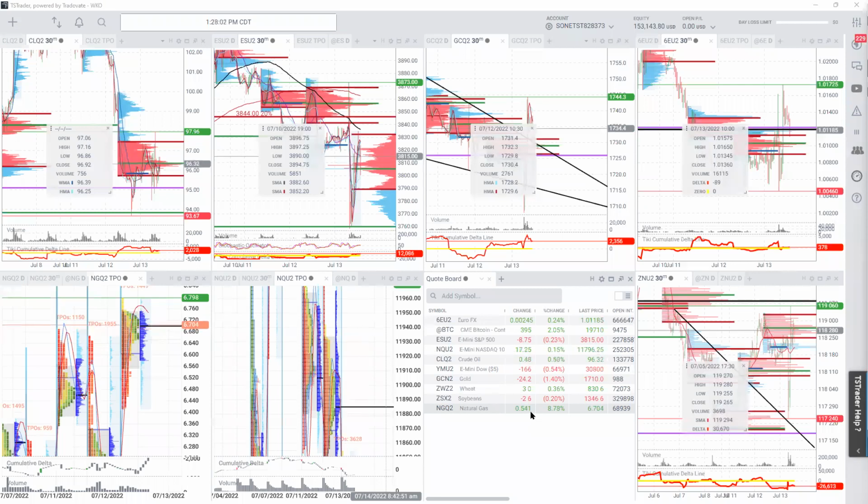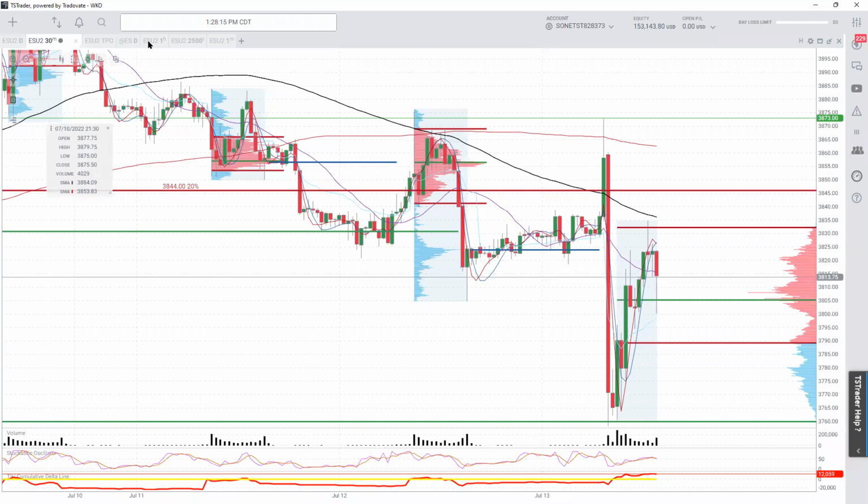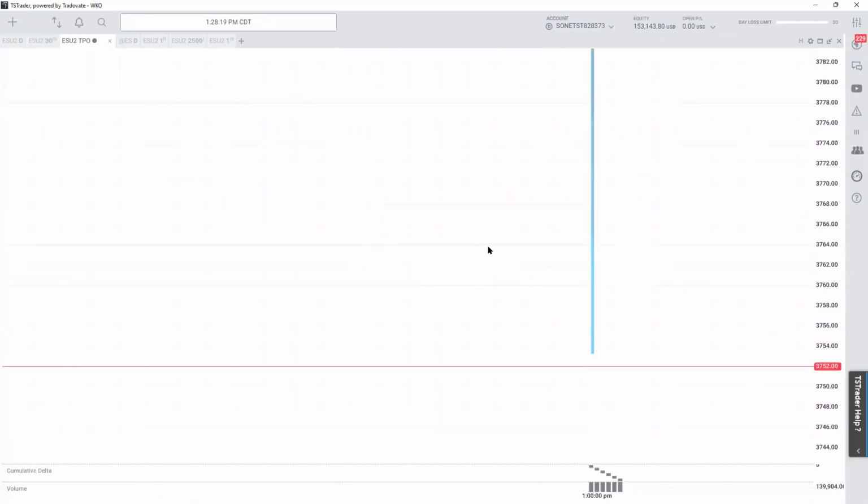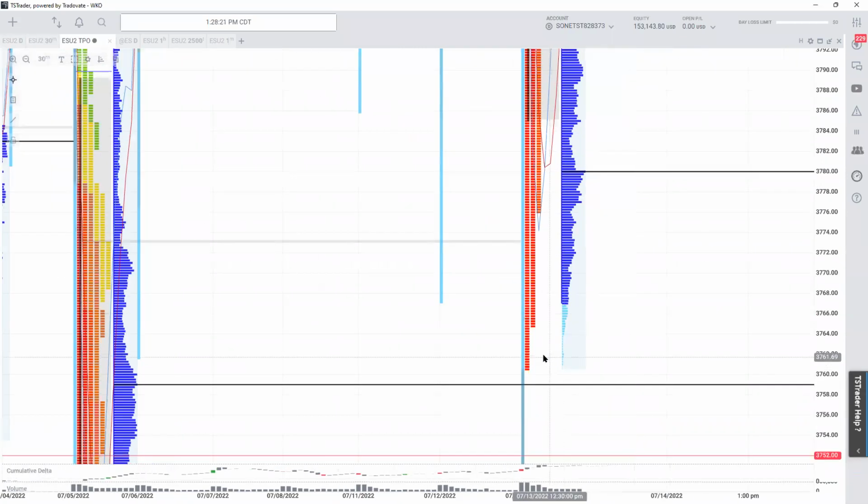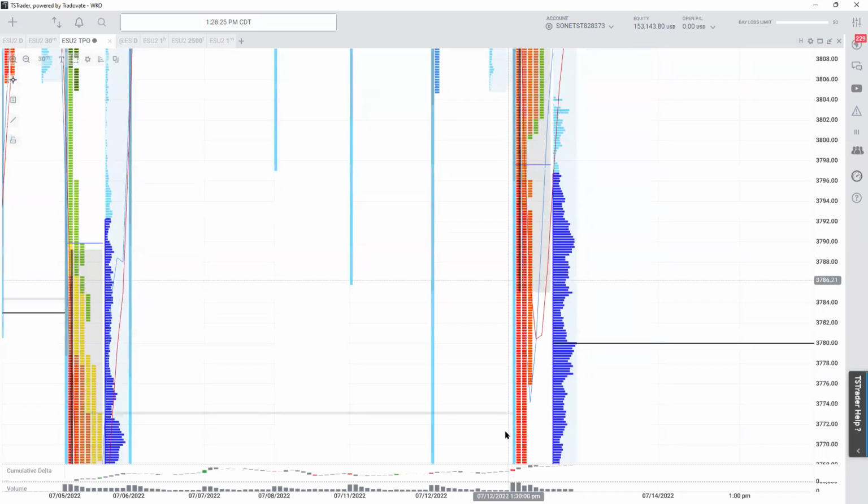Is there a way to determine if the initial balance is wide/large or small? It's the first hour of trade. Most platforms that have the market profile will represent that one way or another. On TS Trader or Tradovate, the initial balance is this light blue line to the left of the profile.